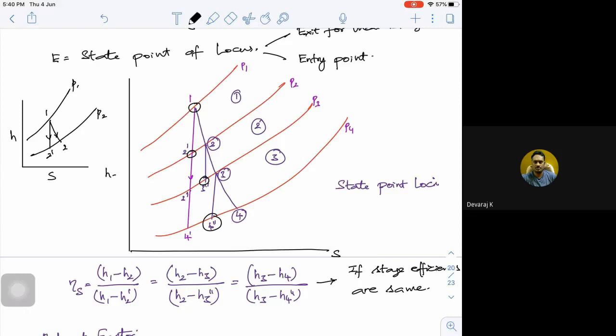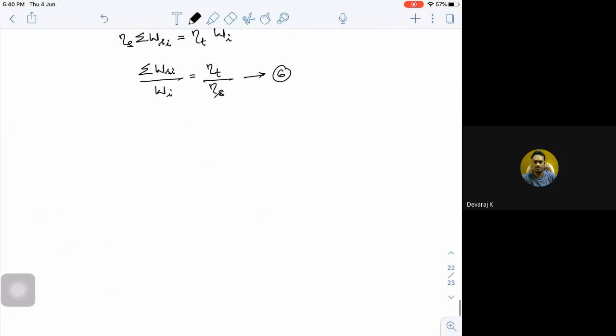If I try to individually add the isentropic enthalpy drops, it will be greater than the single stage enthalpy drop of H1 minus H2.